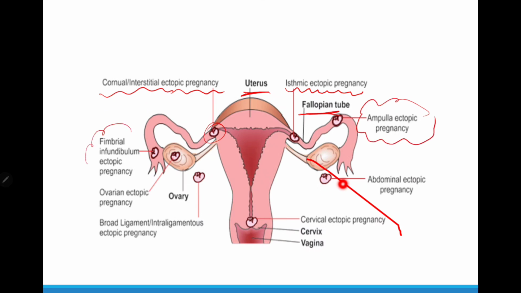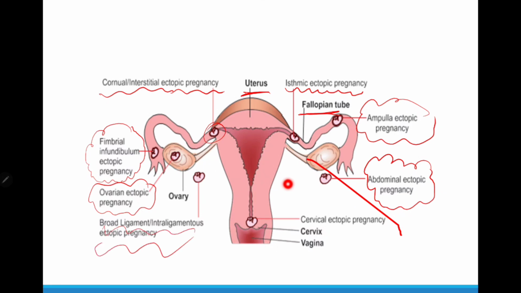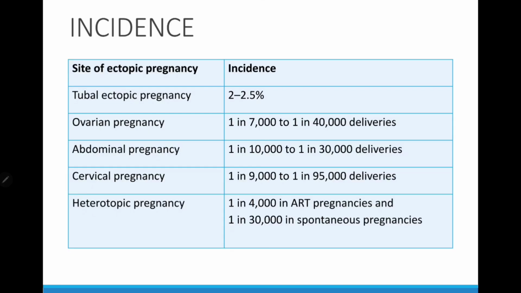And in the fimbriae, you have your fimbrial or infundibulum ectopic pregnancy. You have your infundibulum here and fimbriae over here. And this is your ovarian ectopic pregnancy. And over here in the abdominal region, you have your abdominal ectopic pregnancy. And over here you have your broad ligament ectopic pregnancy. This is your cervical ectopic pregnancy. So this is a figure that shows various sites of ectopic pregnancy.